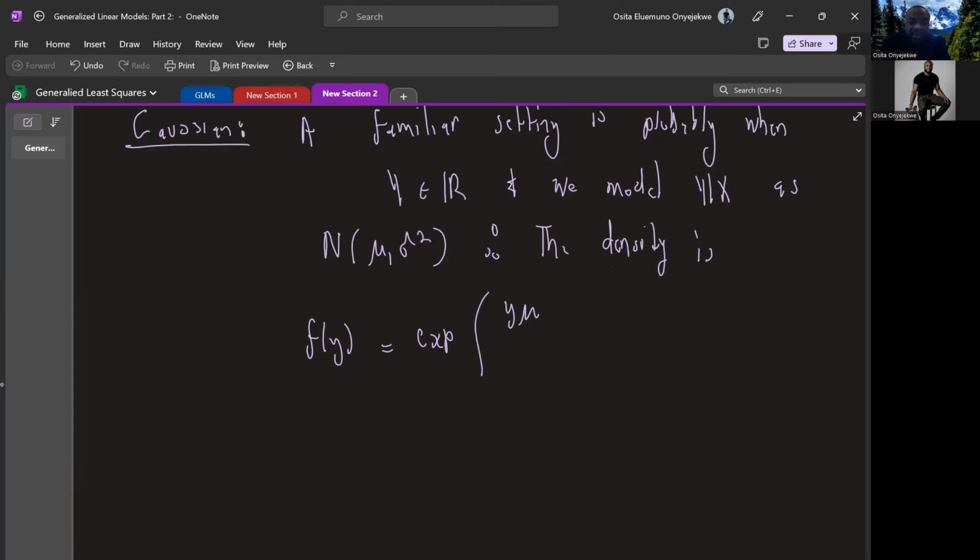We're going to say f of y is equal to 1 divided by root 2 pi sigma. And now we're going to have the exponential of negative y minus mu squared all over 2 sigma squared.